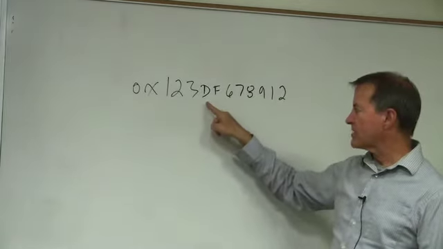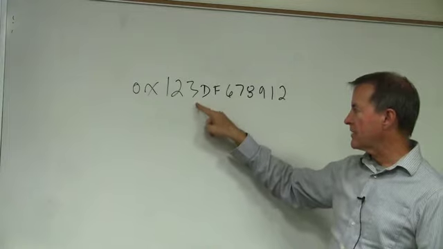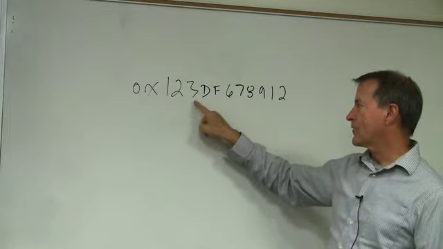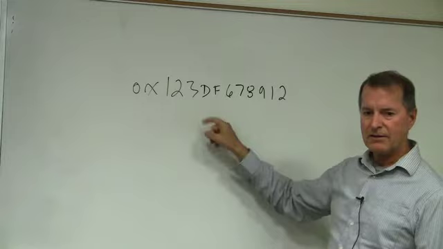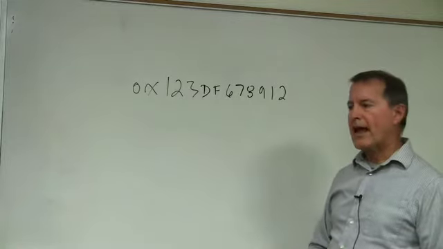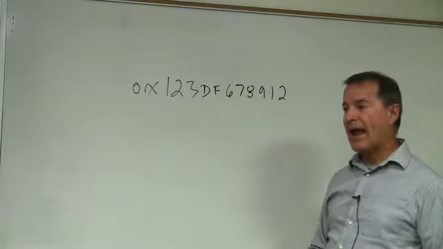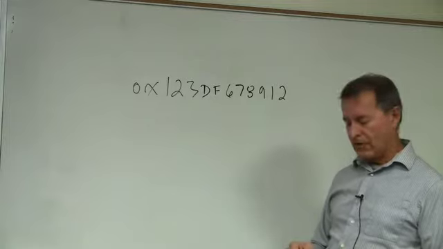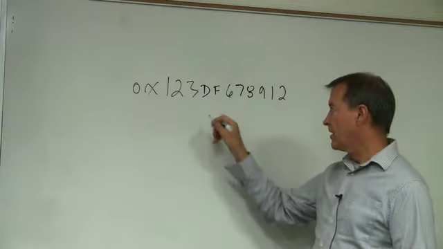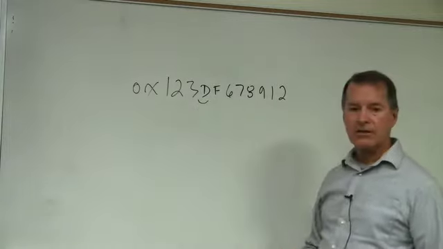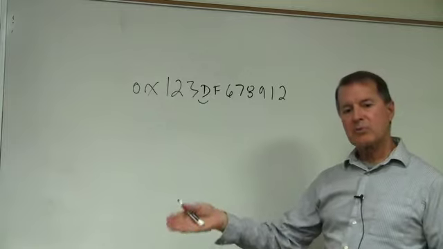So it doesn't matter whether it's a hex character, whether it's a 3 or a D. You have to do it after you add the value of the character that you just scanned to 16 times what you had before.